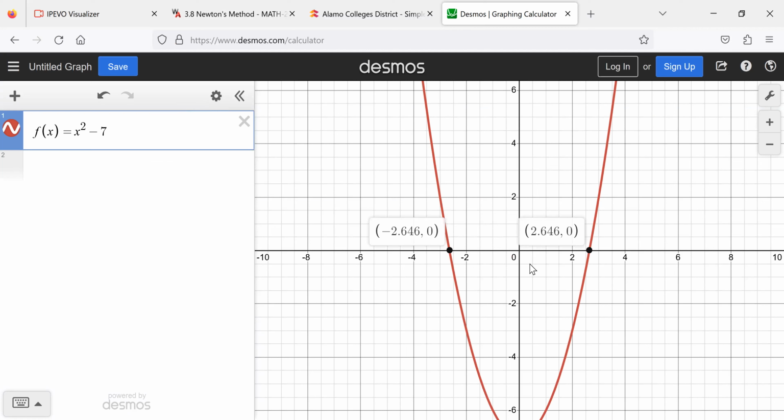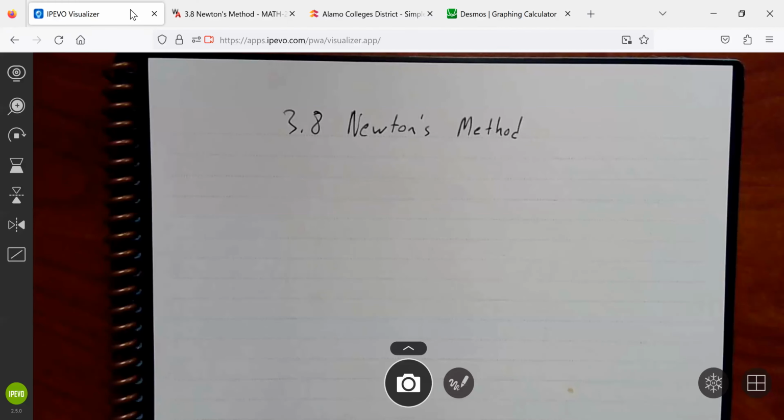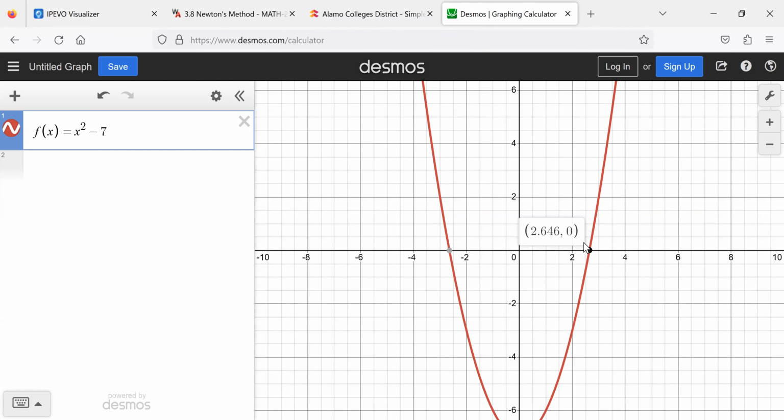So as we do the iteration method, it'll get closer and closer to this. Since we're choosing 2 to start with, we will approach this one because it's closer.